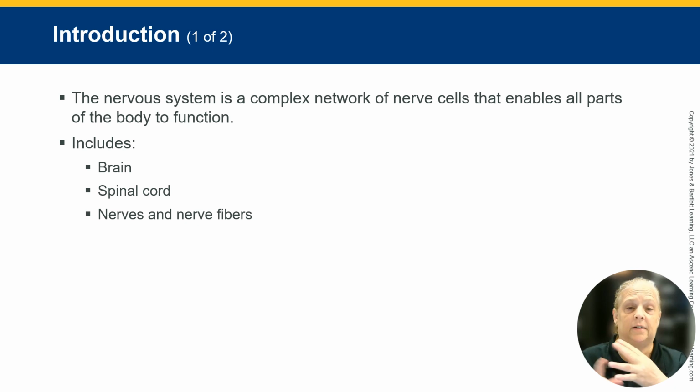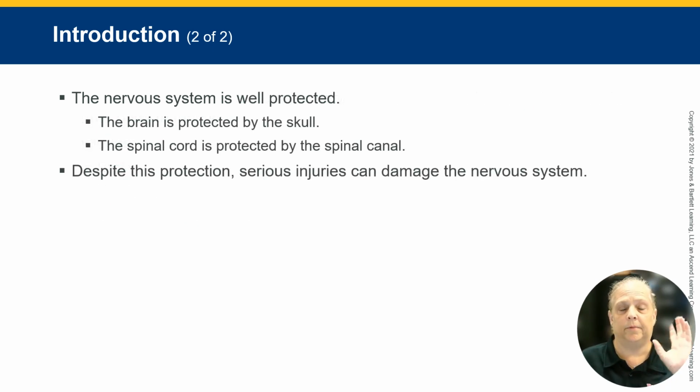We've got our brain, our spinal cord, and our nerve and nerve fibers. Brain is protected by the skull. Please remember that inside the skull is not nice and smooth, that there are a lot of bony prominences that stick out, that when we have an injury to the head can cause damage to the brain. Our spinal cord is protected by our spinal canal.